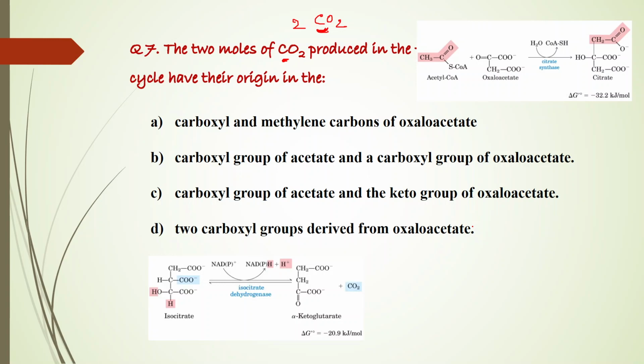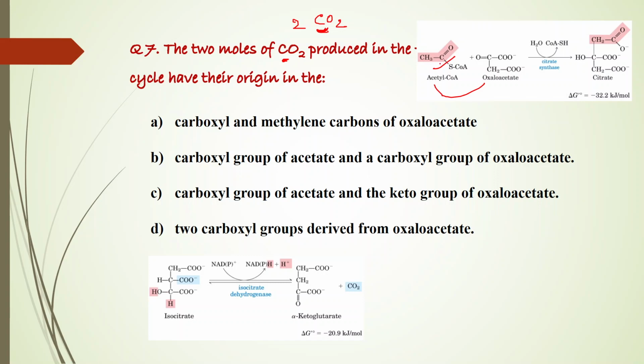So these are the processes in the initial TCA cycle from which CO2 has been generated. First of all, you have the reaction of acetyl-CoA with oxaloacetate. And what does acetyl-CoA do here?